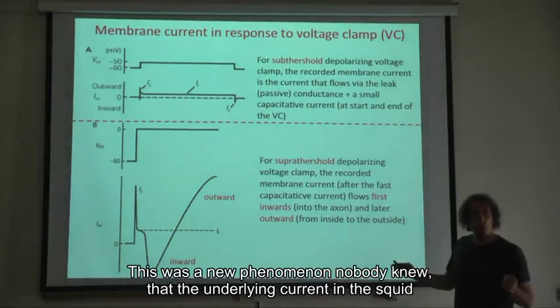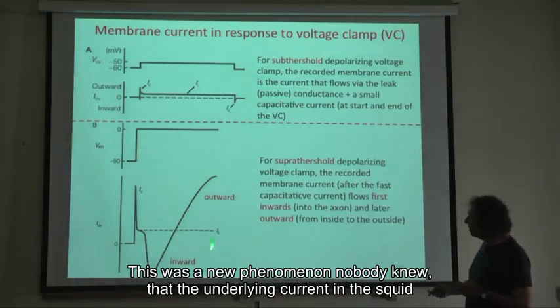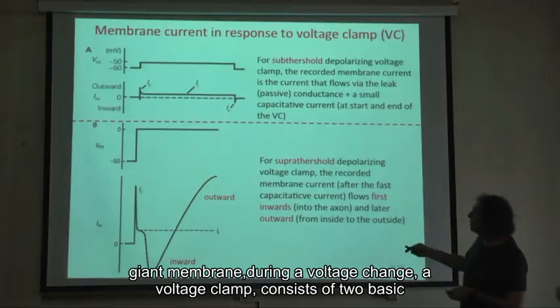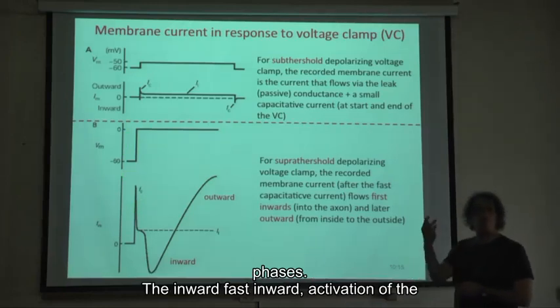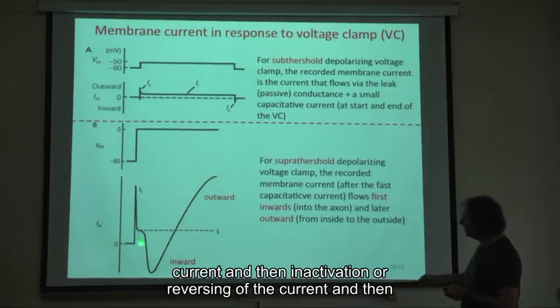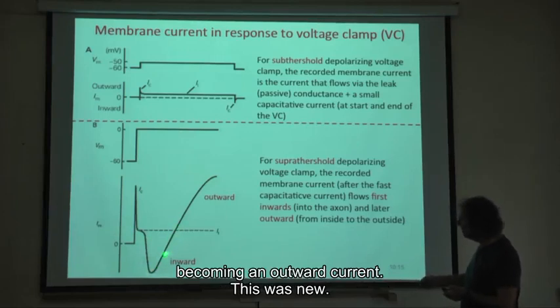This was a new phenomenon. Nobody knew that the underlying currents in the squid giant membrane during a voltage clamp consist of two basic phases. The fast inward activation of the current and then inactivation or reversing of the current and then becoming an outward current. This was new.